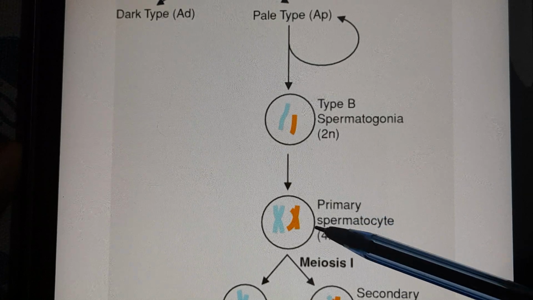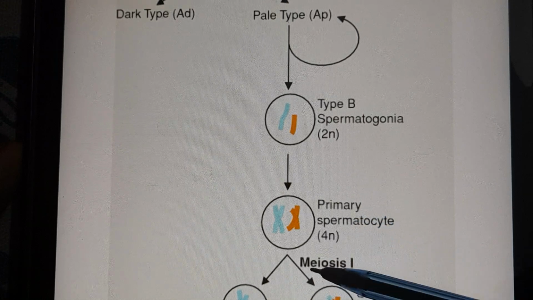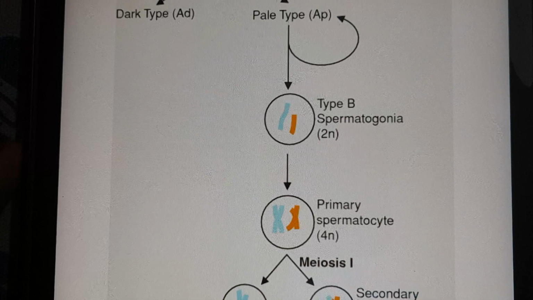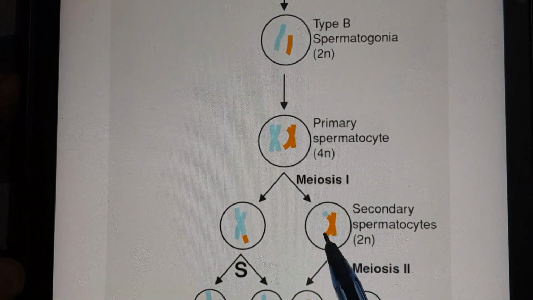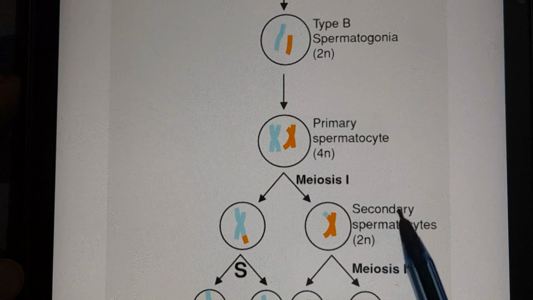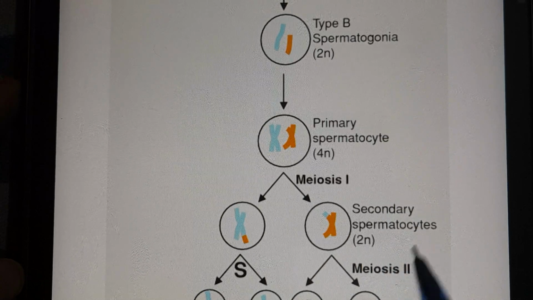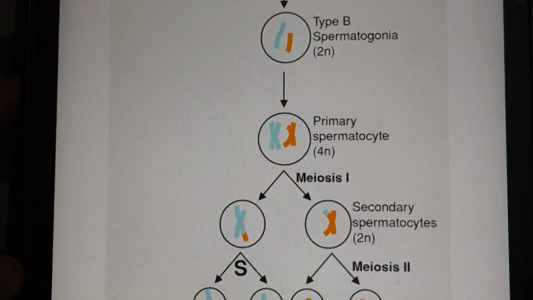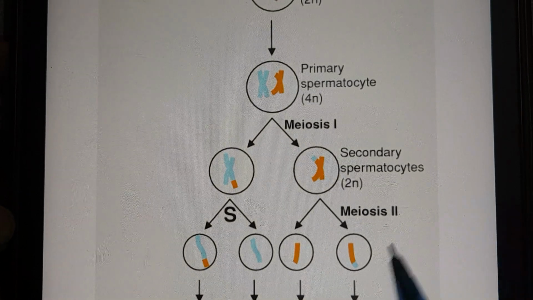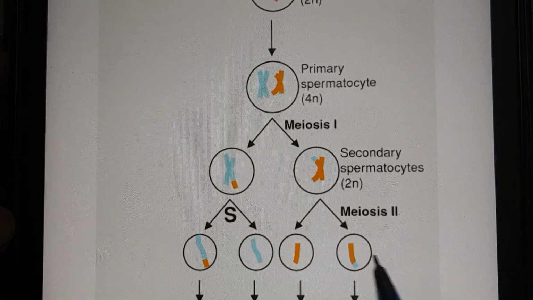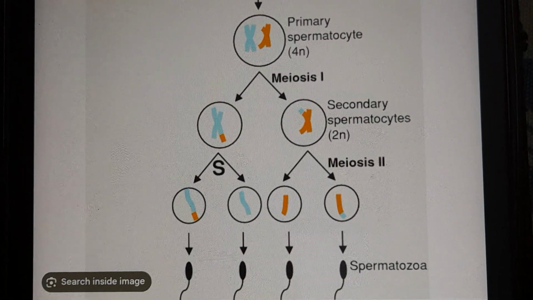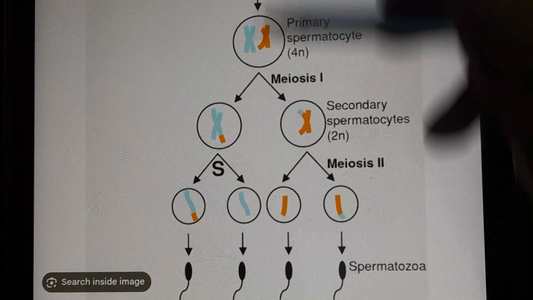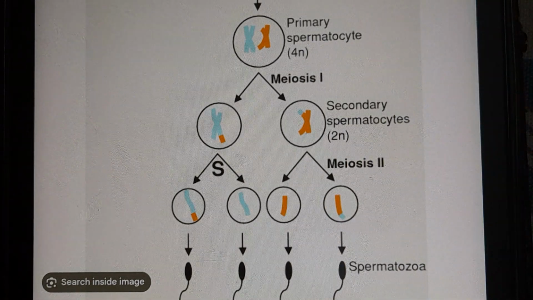Then the primary spermatocytes are converted via meiosis 1 into secondary spermatocytes, and the secondary spermatocytes are converted by meiosis 2 into spermatids. The spermatids are haploid in nature, and they are converted into spermatozoa, the mature sperms. This whole process happens within the testes.